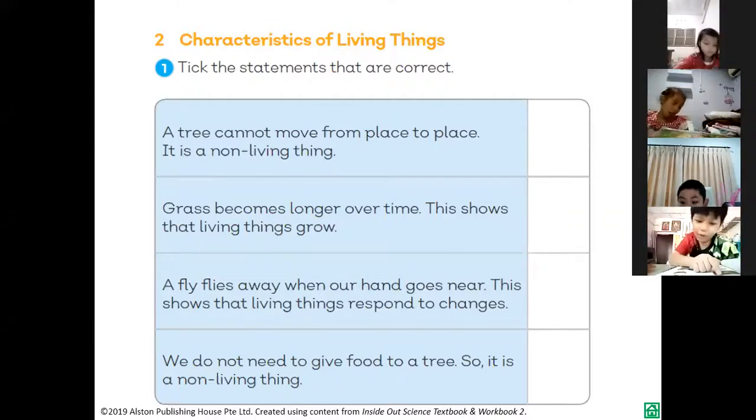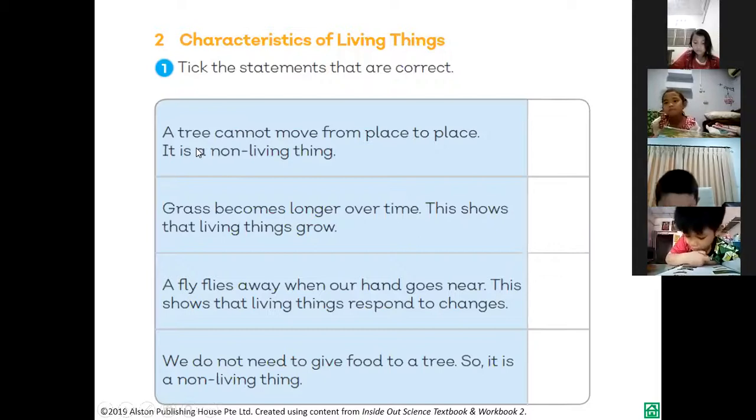It is a non-living thing. Is it yes or no? No, it's not. So this one is no because a tree is a living thing.